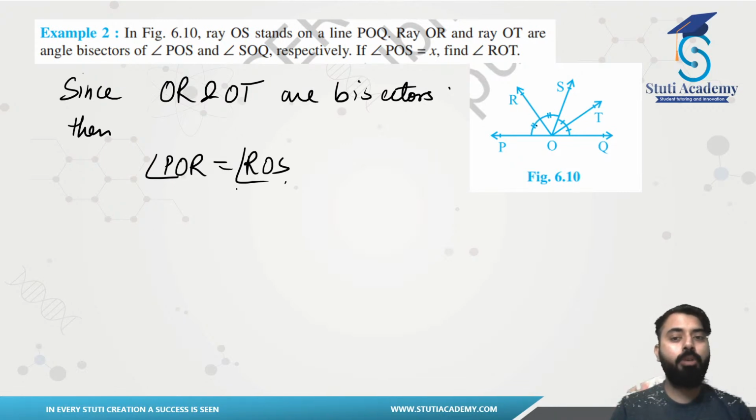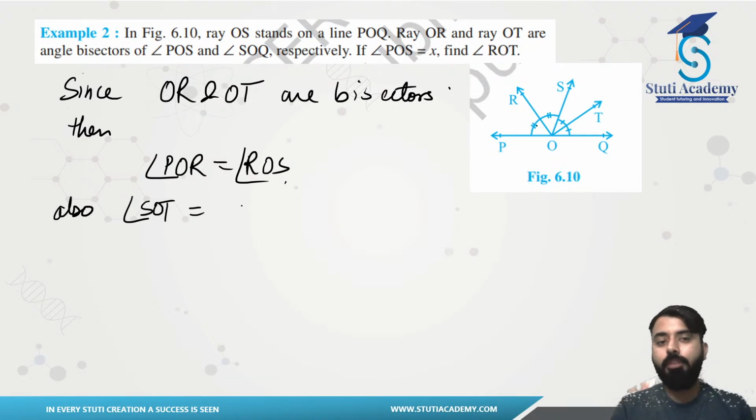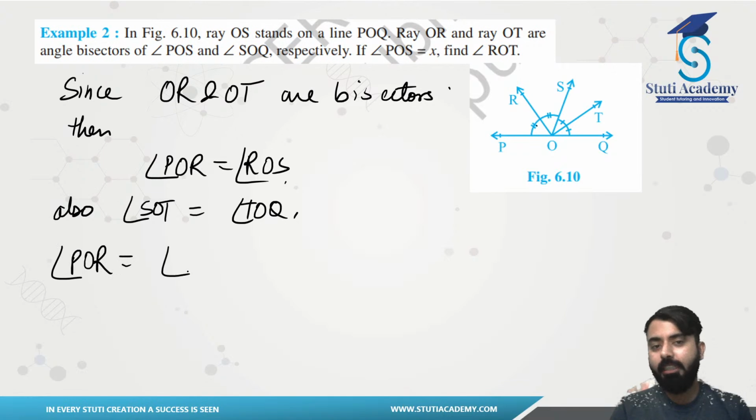So angle POR will be the same as angle ROS. Also, since that is happening on the other side, angle SOT will be the same as angle TOQ. So in short, angle POS, can I write it like this?